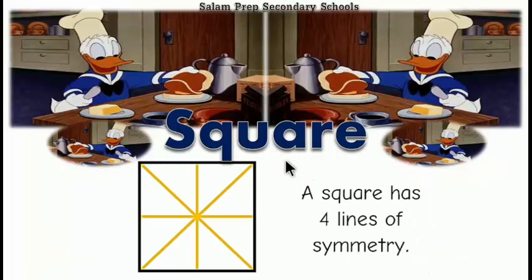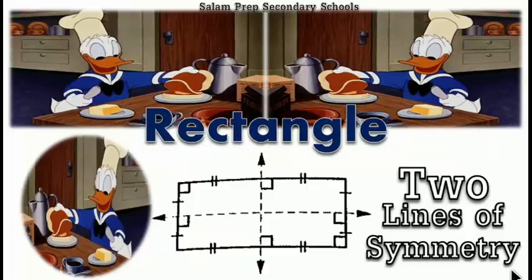Square has four lines of symmetry. Rectangle, two lines of symmetry.